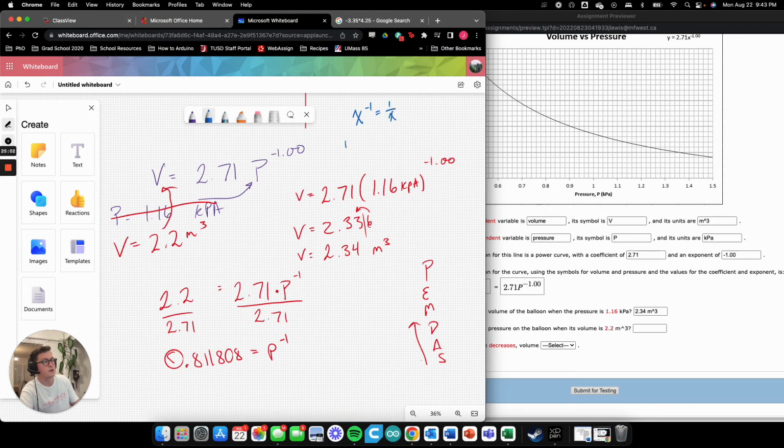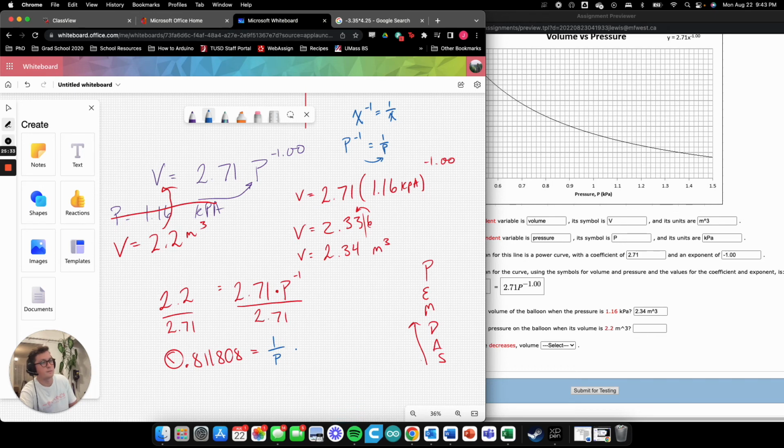So p to the negative first I can rewrite as 1 over p. But if I flip the p, I have to do that to everything. So p to the negative first can be rewritten as 1 over p. But we don't want that.